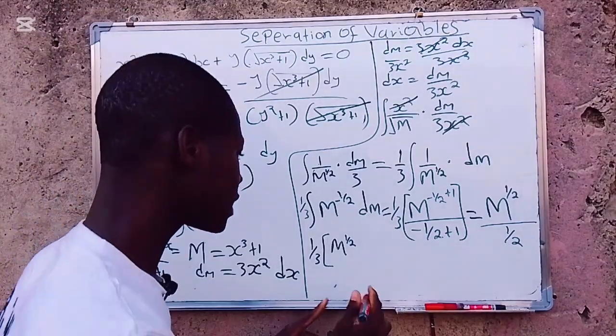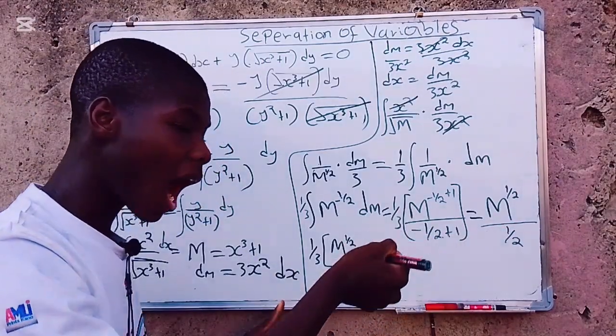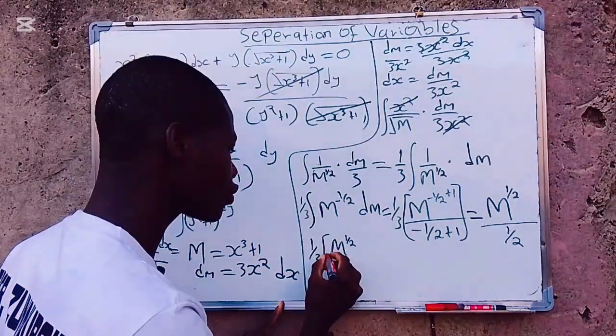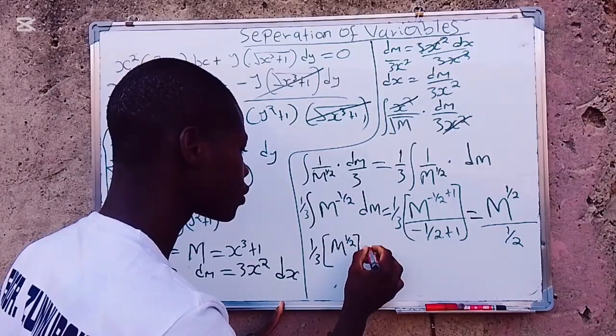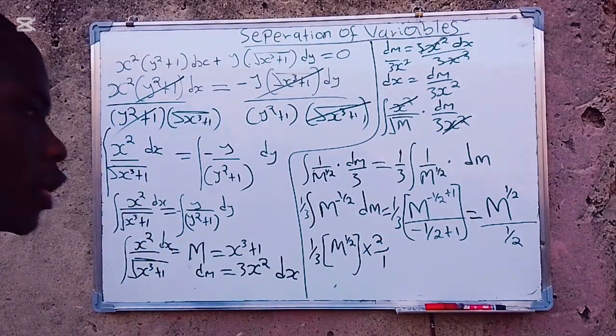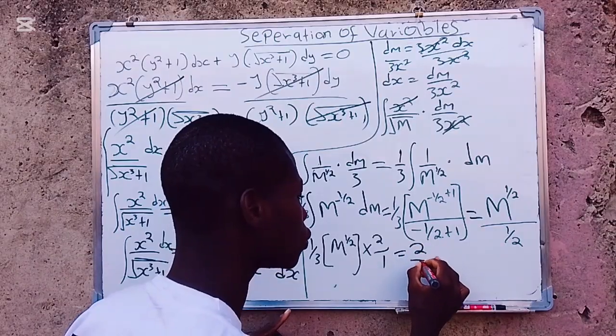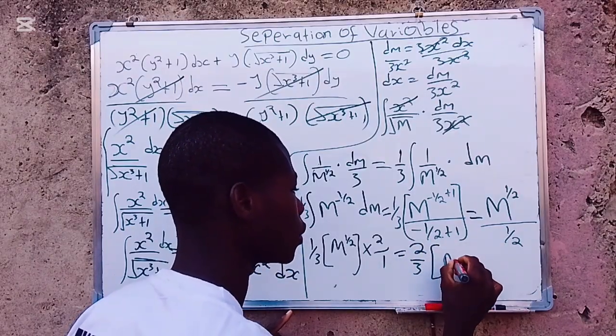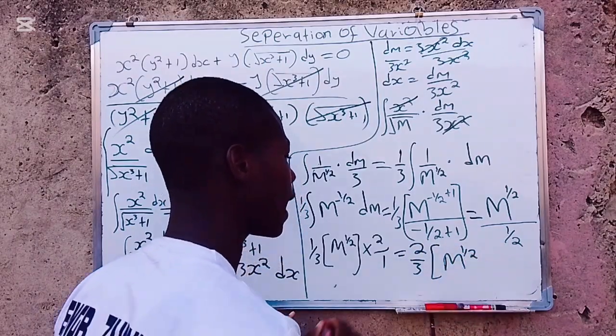You all know that dividing by a half is the same thing as multiplying by 2 over 1. So this shall now become 2 over 3 of m to the half.